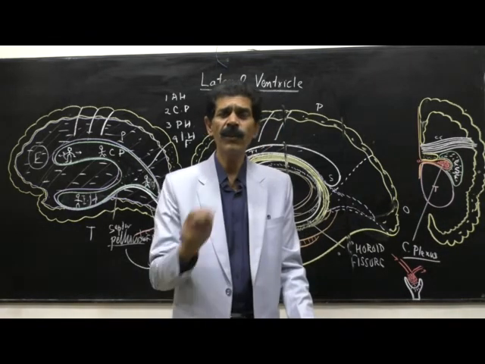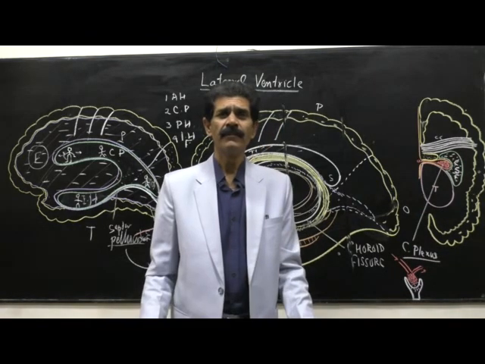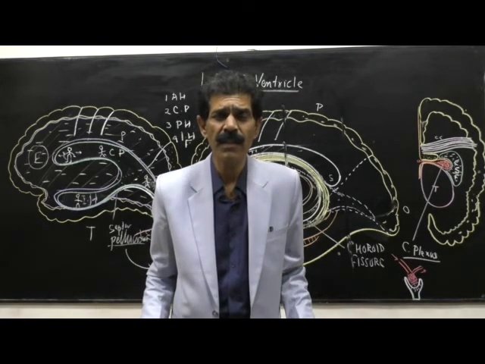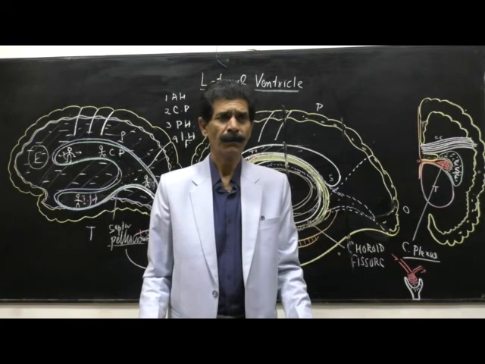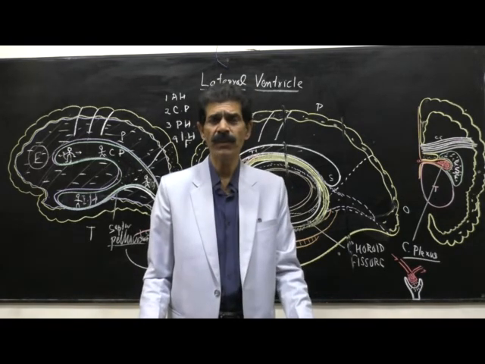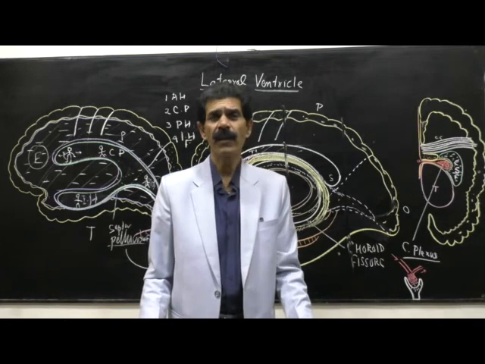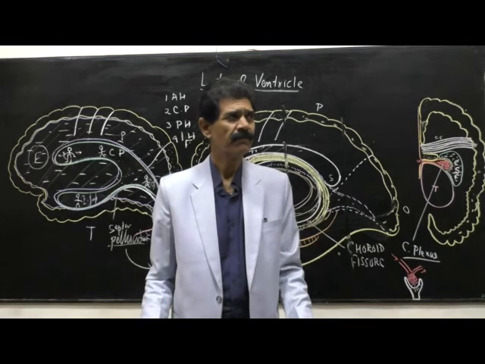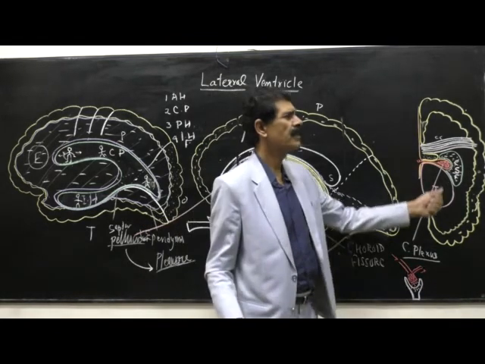It is a useful thing. It gives nutrition to the gray and white matter of the central nervous system, the brain as well as the spinal cord. It nourishes the tissues, the neurons. That's why we say it is a secretion.